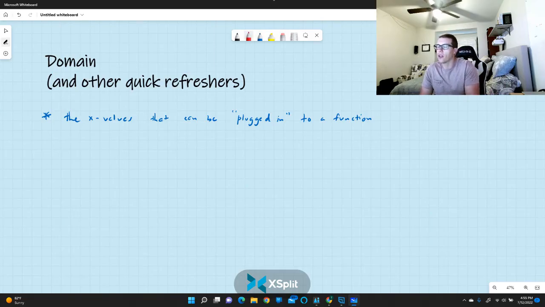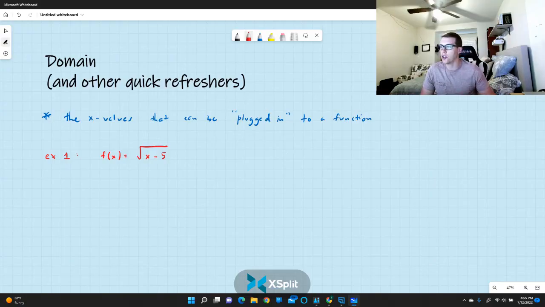So I'm going to do a couple of examples to remind you how this works. The most common one, the first one, is a function that looks like this: f(x) = square root of (x - 5). When we're first learning about domain, we talk about these types of functions because these have a very clearly defined domain and very clear values that you just can't plug in.